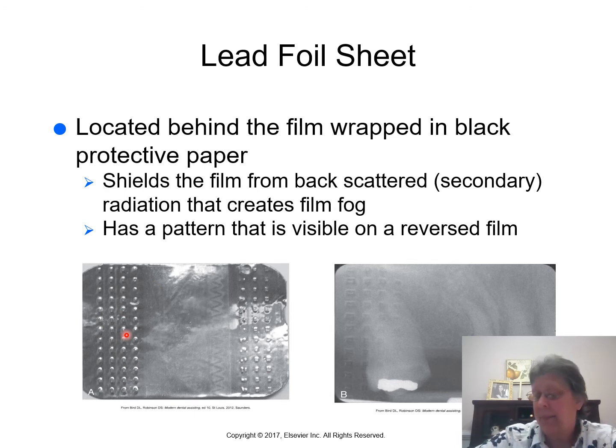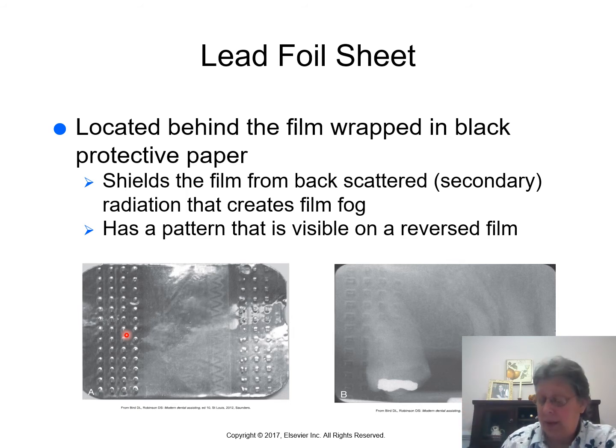And like I said, we should always expose this white part to our tube head. But sometimes we may get in a hurry, and we expose it backwards. So instead of seeing this white part, we see the two-tone part.